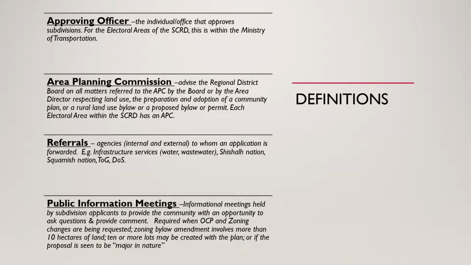Each one of our electoral areas does have an APC, and our APC for Half Moon Bay met last night, and I saw my APC chair in the audience. My APC chair for Area B is Kelsey Oxley, and she's a fantastic addition to our APC, and so we're very happy to have her.